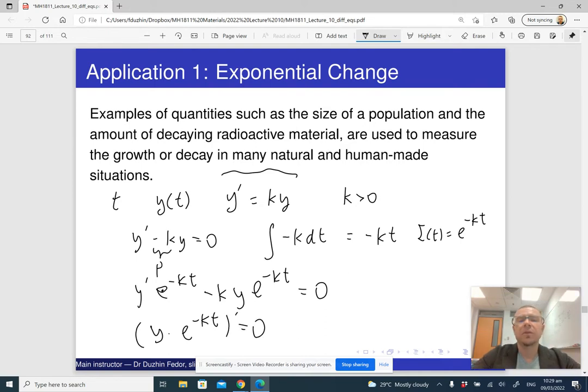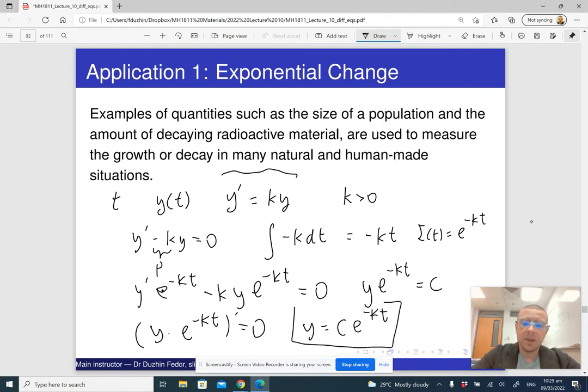It is the derivative of the product of the integrating factor and the unknown function. Right? So now, if the derivative of something is 0, it means that something is just constant. So y times e to the minus kt is a constant. Solving for y, we get y equals c times e to the minus kt. And this is the answer, right?